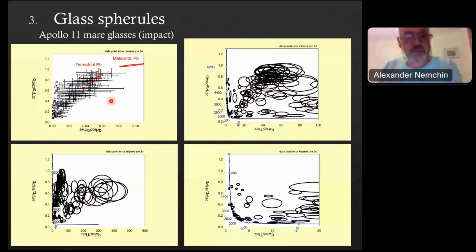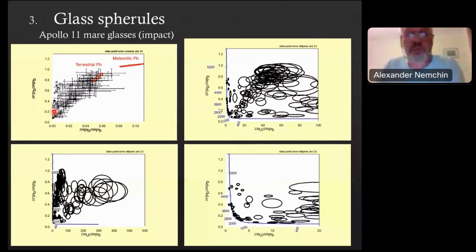When we're dealing with impact glasses, it's more complicated. You can see that quite a lot of them are pretty much full of terrestrial lead, or maybe, we don't know, some of them actually contain meteoritic lead. Well, there are a lot here, which is good. They're close to the real age, so to speak.